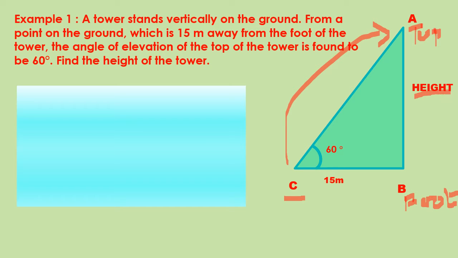We are asked to find the height of the tower, and we are going to use the trigonometric ratios to find this height. As you know, the height will be AB.